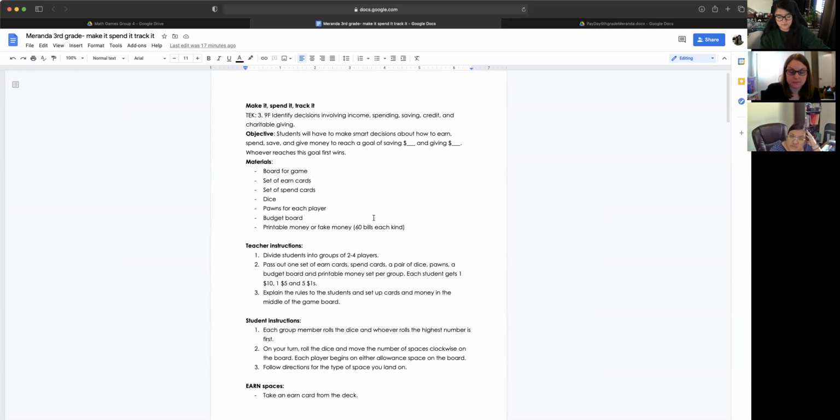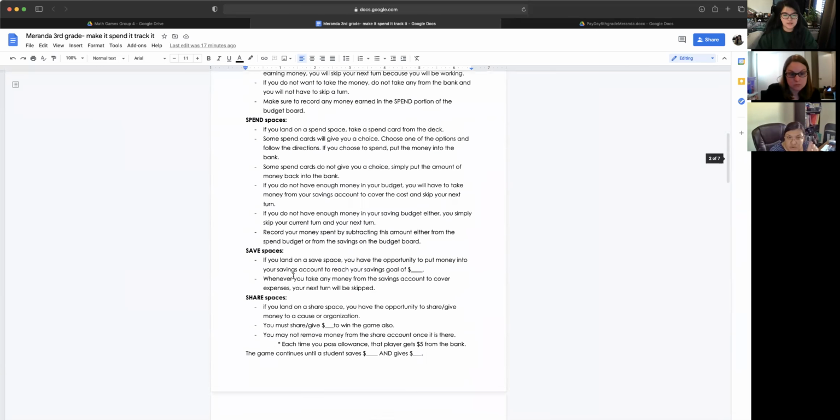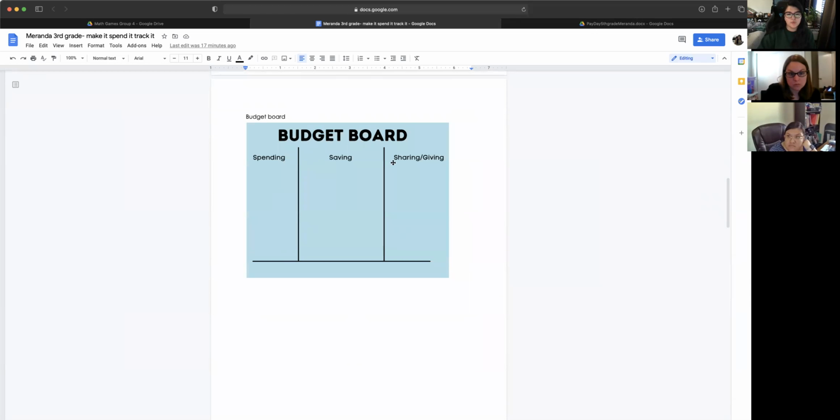So does each student get that budget board? Yes, or is it one per team? Each student will get this because they're all going to be starting with the same amount, but each turn they're going to be either spending, saving, or sharing depending on what they land on. Each student will get one of these so they can keep track of their own money.